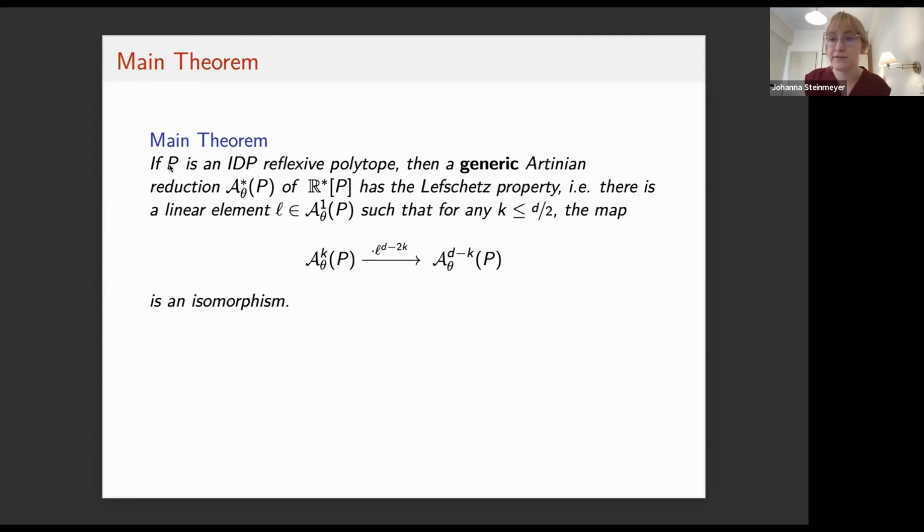Say we have our lattice polytope, we have that it is IDP, we have that it is reflexive, and then we choose our linear system of parameters, our elements in degree 1, generically, then mod them out, the ideal they span. Then it has the Lefschetz property. So then we can find a linear element in our ring such that we can multiply it through to get an isomorphism.